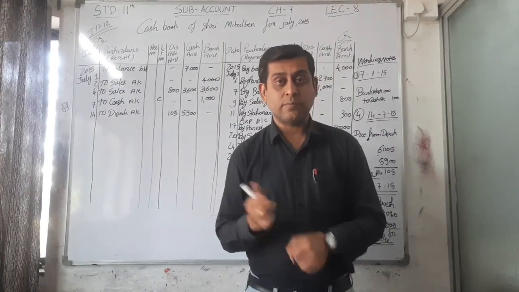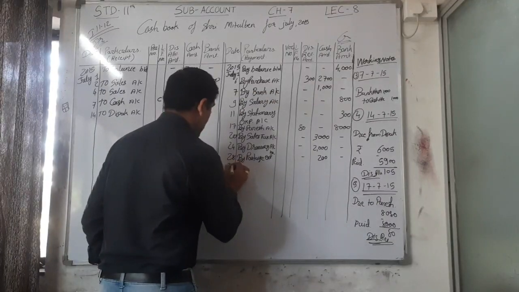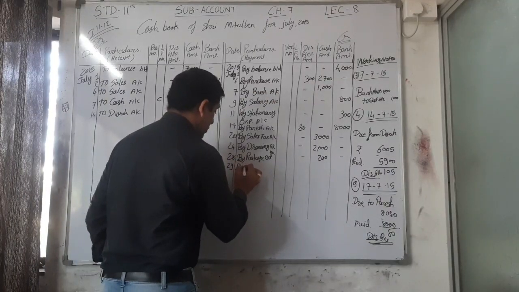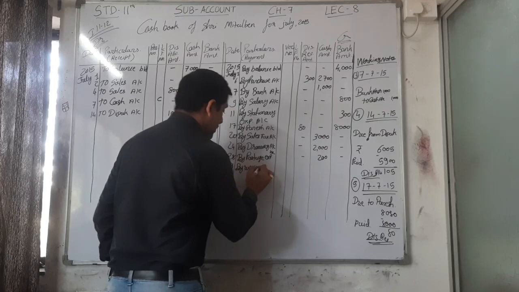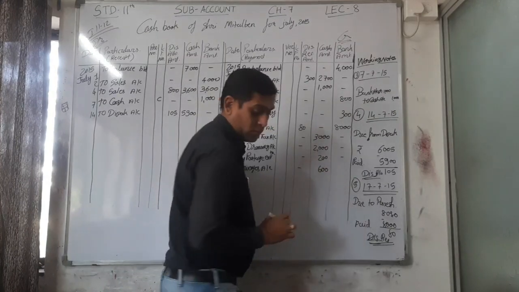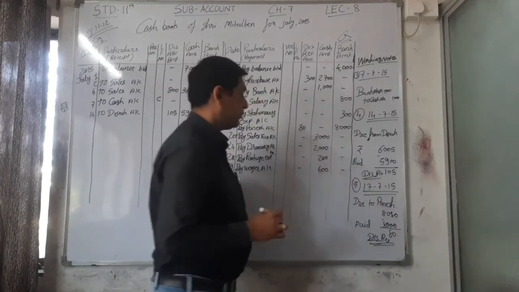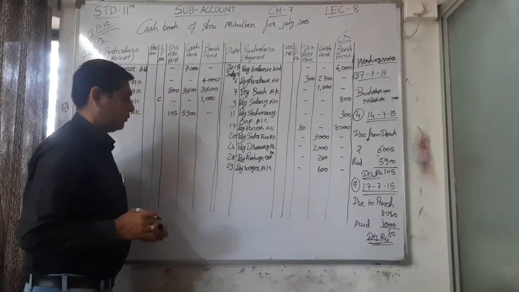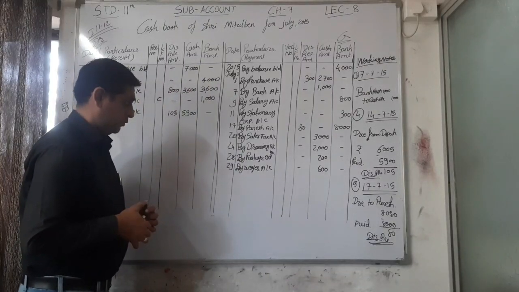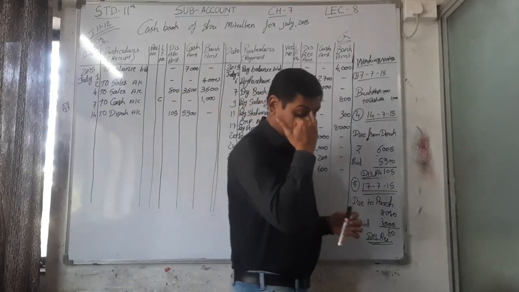600 rupees. So on the credit side, 29, by wages account, 600. Okay, so up to this please complete that.